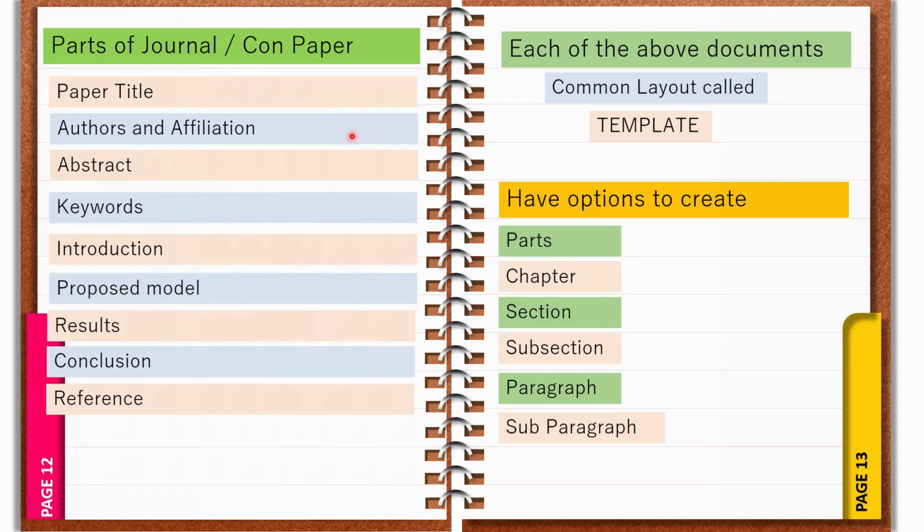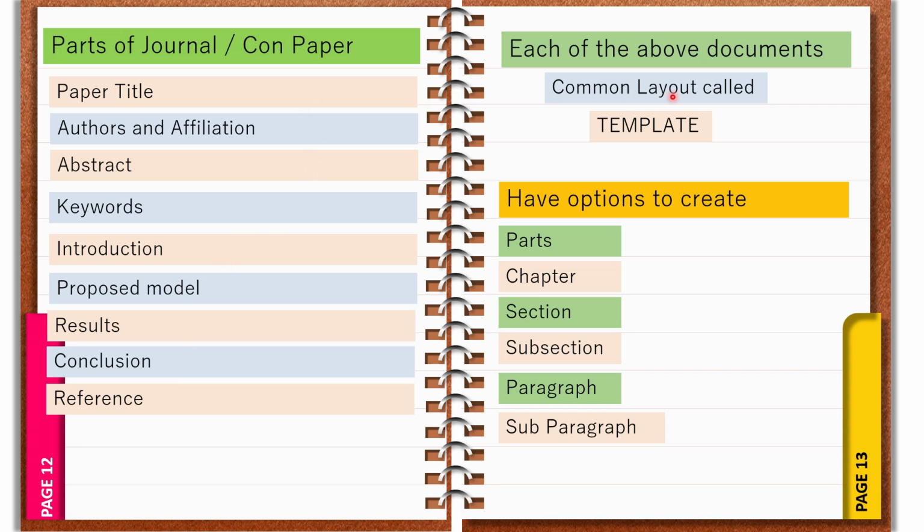At the same time, you might have observed a journal or conference paper which contains the following format: title of the paper, authors and affiliation, abstract, keywords and introduction, proposed model, then results, conclusion and reference.